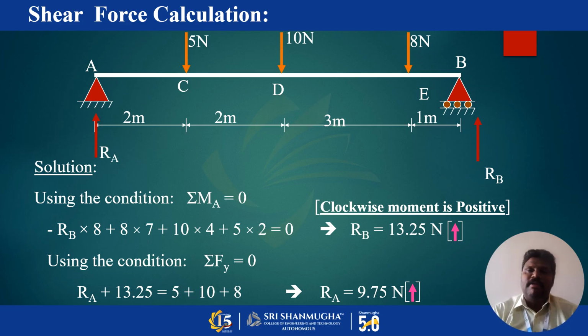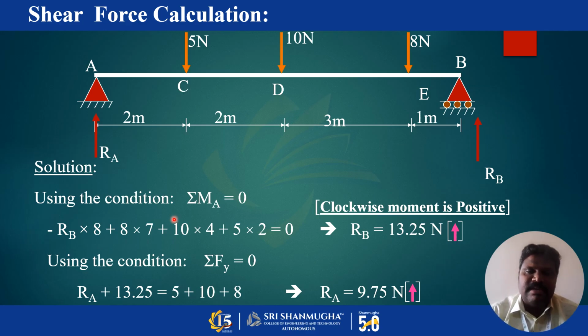The third equilibrium equation is summation of moment equal to 0. I am taking the moment with respect to the point A. RA into 8 is anti-clockwise, then the remaining are clockwise. The 8 load has a distance from E to A of 2 plus 2 plus 3, which is about 7.